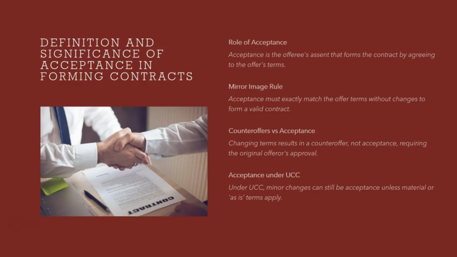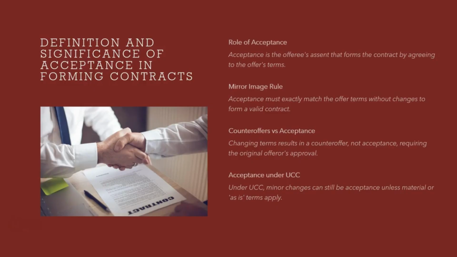You can't change the terms. So if the offer is to sell you a car for $10,000 to be delivered on Friday and the money to be paid on Friday, and it's this particular car, if you were the offeree in that position and you said, well, I'll buy it from you for $5,000, you changed the term, and that doesn't count as acceptance. It really is what we would call a counteroffer.